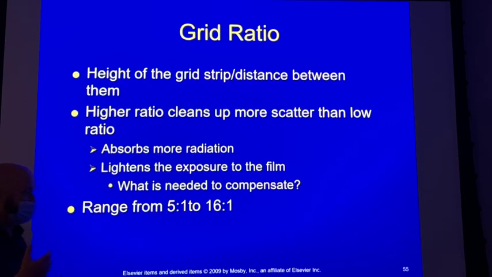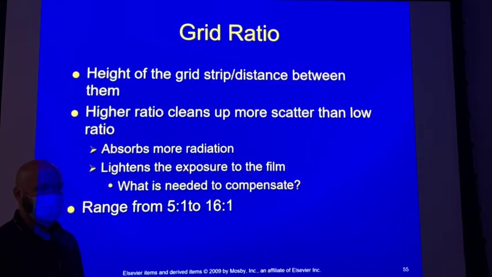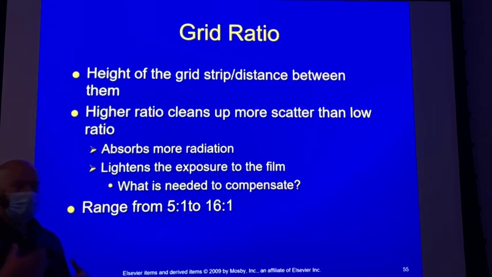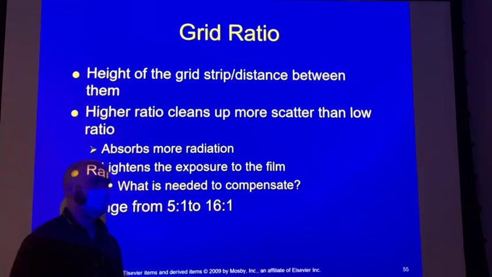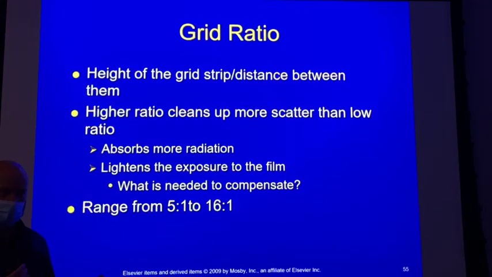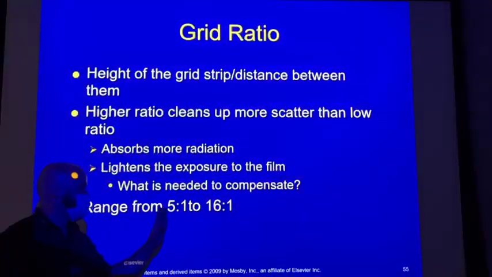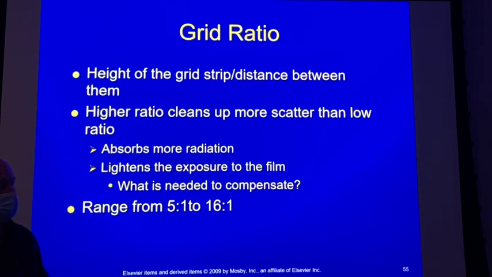But we'll see later today that there comes a point of diminishing returns where increasing grid ratio just a little bit to make it a little bit more effective actually comes with such a cost that we don't want to go up to 16 to 1 most of the time. We don't usually want to go down to 5 to 1, but we'll talk about instances where we do. But it's rare that you're going to be working with a 16 to 1 grid.